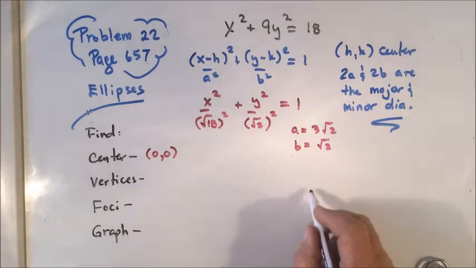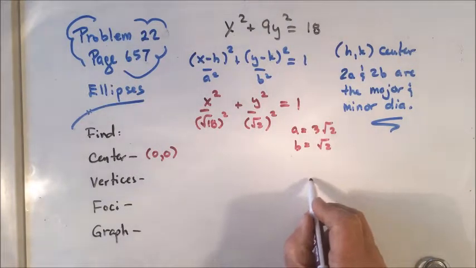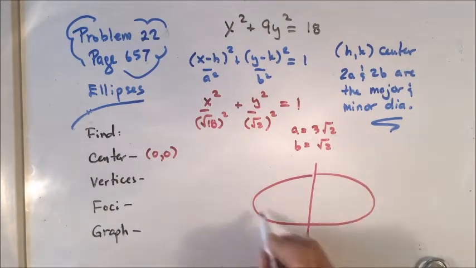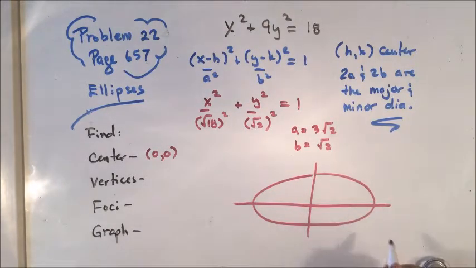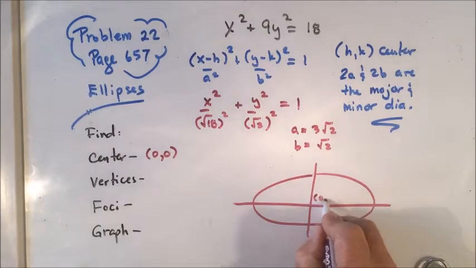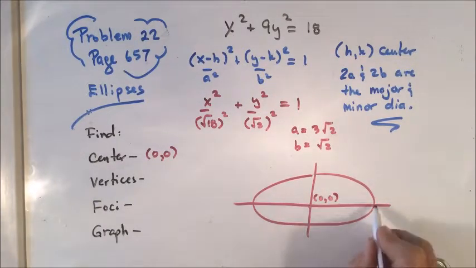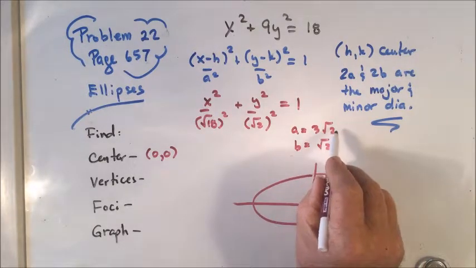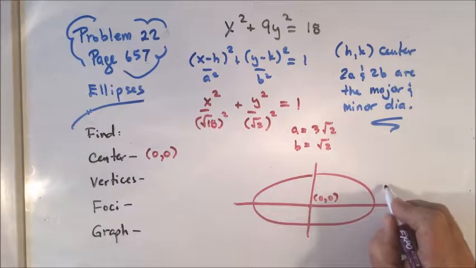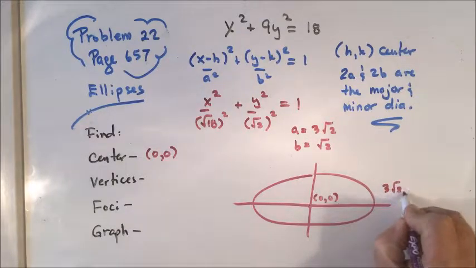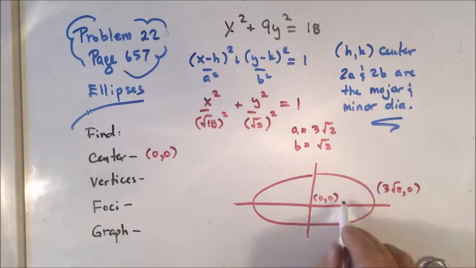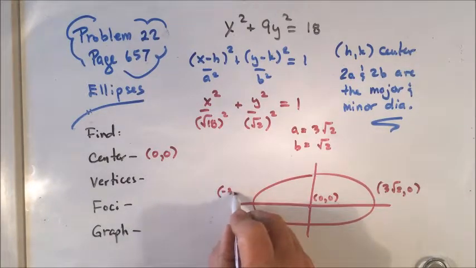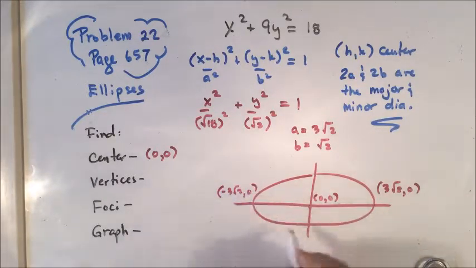It'll help if I draw this thing. Boy, the last ellipse that I drew was kind of embarrassing. That one's not that good either. This point is (0, 0), the center. This point has been moved over by 3 root 2, with the same y coordinate. This one has been moved over minus 3 root 2, 0.